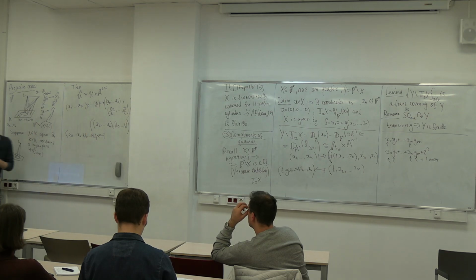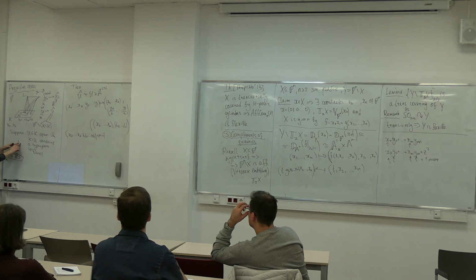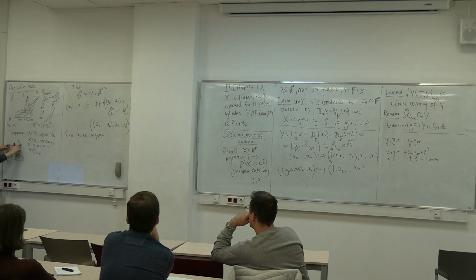So let me explain a bit. So what's the problem here? If you remove just the L, those lines here, they are affine lines, A1s, but they still have this attraction point. So they tend to one point, so that's some A1 bundle certainly, but they cannot trivialize because they have some attraction point here.